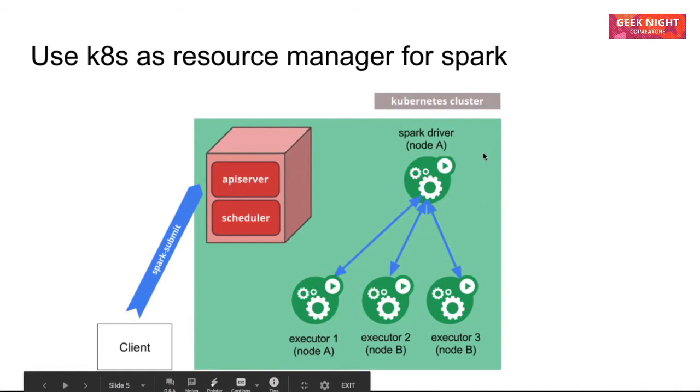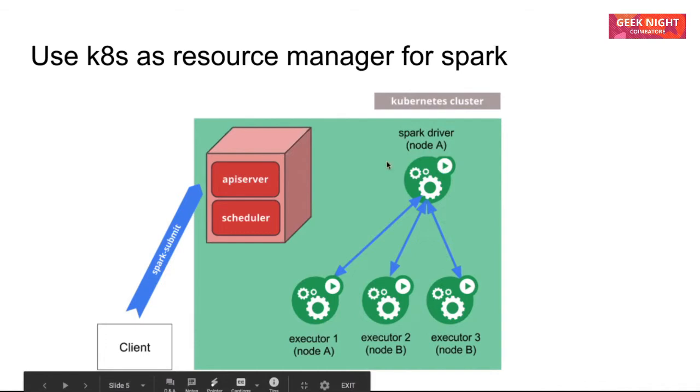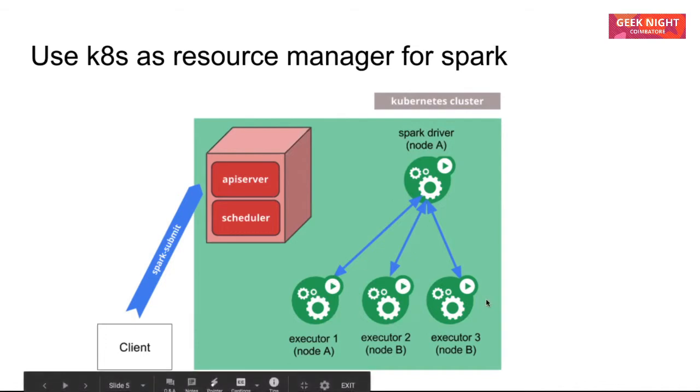That's why it's built as a controller pod. Once a Spark driver is created, it starts negotiating resources, which are the executors, with the API server, with the Kubernetes master, and it creates these executor instances.